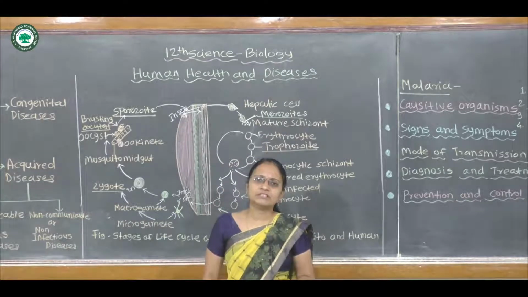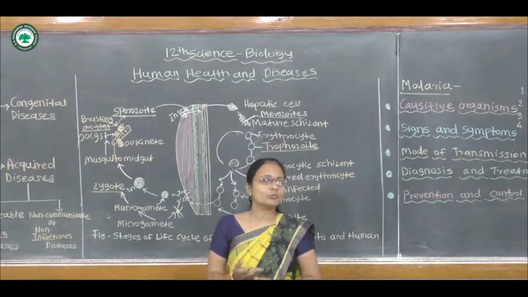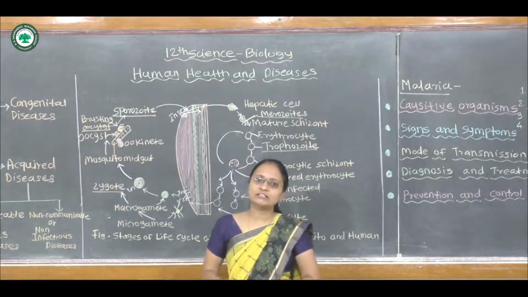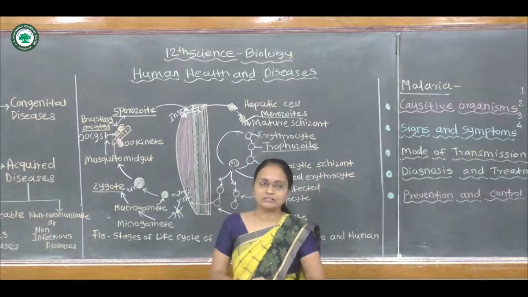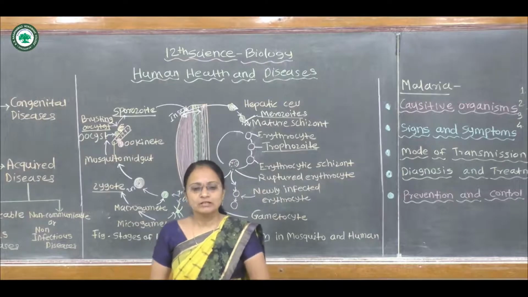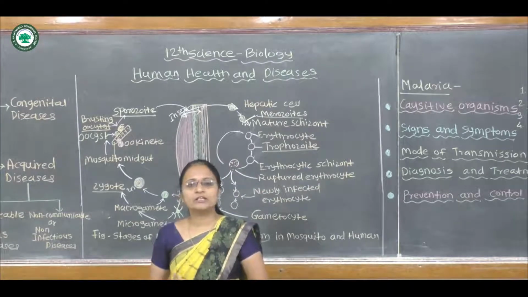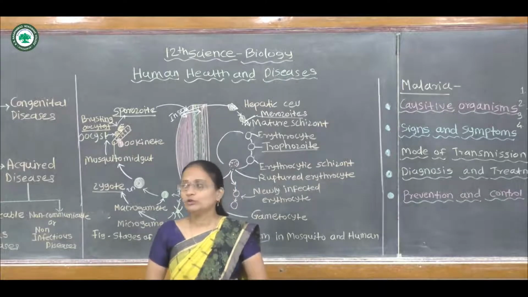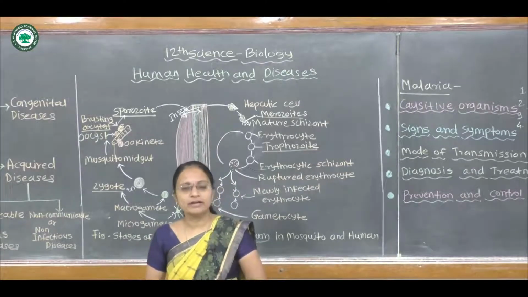Firstly, as we know, it is a mosquito-borne disease. The mosquito acts as the vector for transmission of the malarial parasite, and therefore the first prevention measure is to avoid mosquito bites. Secondly, use mosquito repellent at your home.